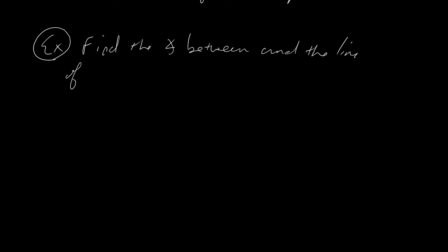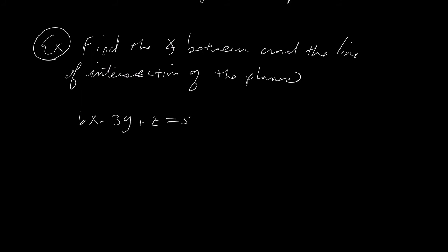So example, find the angle between and the line of intersection of the planes. Okay, so here they are. 6x minus 3y plus z equal to 5, and negative x plus y plus 5z equal to 5.